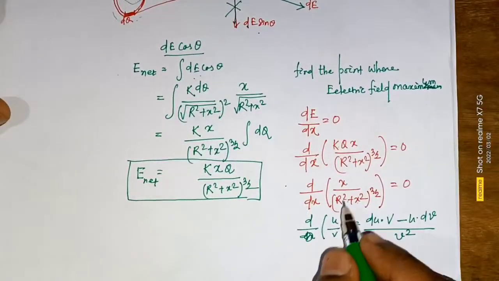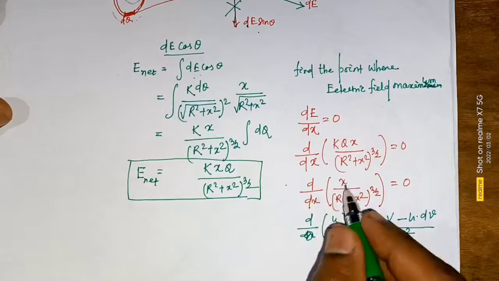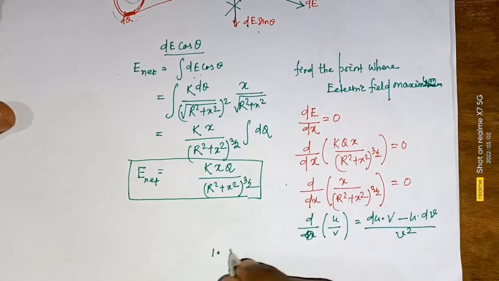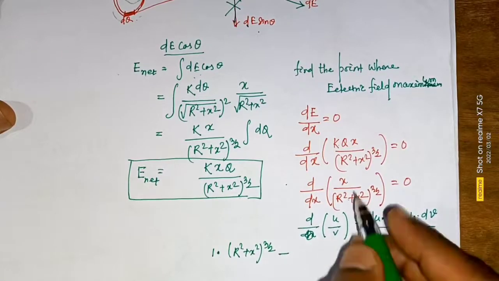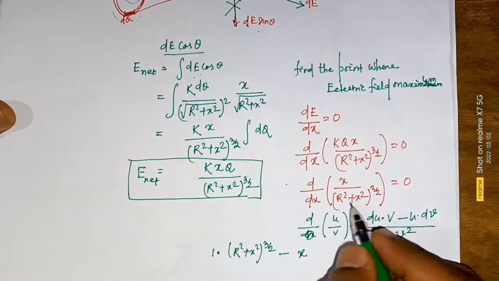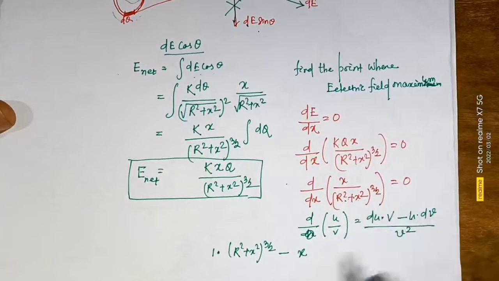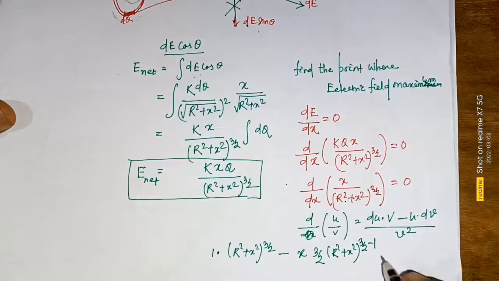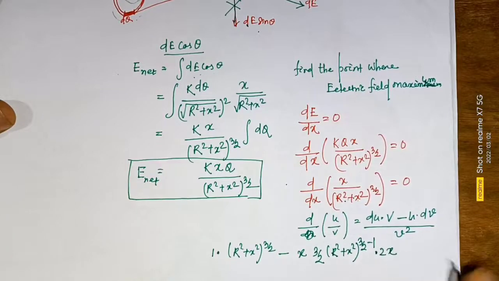Now do that. Derivative of the first with respect to x: derivative of x is 1, into (r square plus x square) whole to the power 3 by 2, minus the first, x, into the derivative of these things. Derivative of x to the power n gives 3 by 2 (r square plus x square) to the power 3 by 2 minus 1, into 2x.